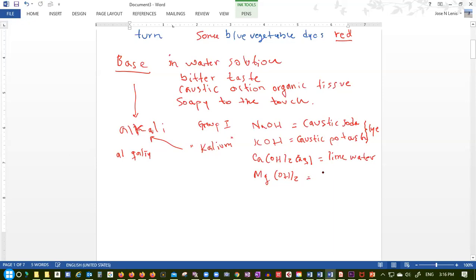And this one is sometimes referred to as milk of magnesia. Interesting compounds that were known from long ago, like those ones, and they were used as aqueous solutions extracted from wood ashes, used long ago to make soap through a saponification process.